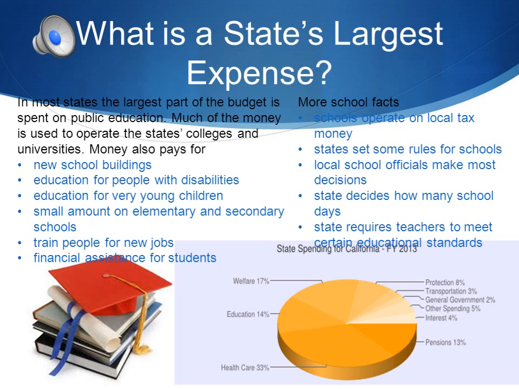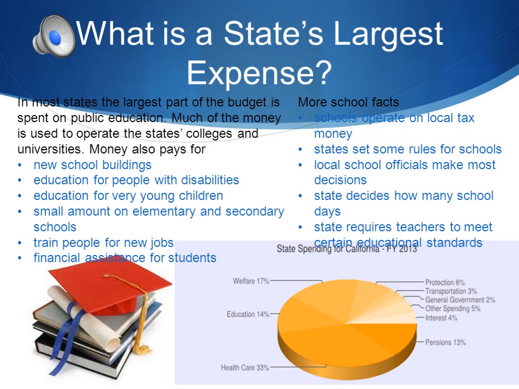So what are some of the largest expenses for a state? Well, it's public education, but it's not what you think. It's for colleges. A very small amount goes towards primary and secondary education, meaning kindergarten through 12th grade. A very, very small amount is directed that way. Most of it goes in support of colleges and universities.